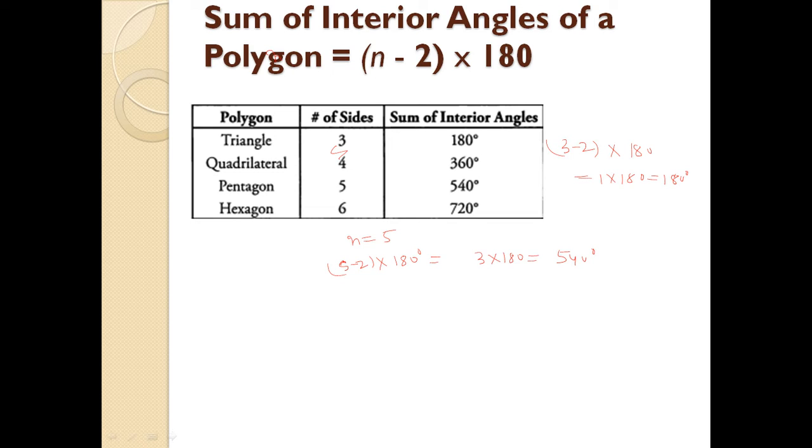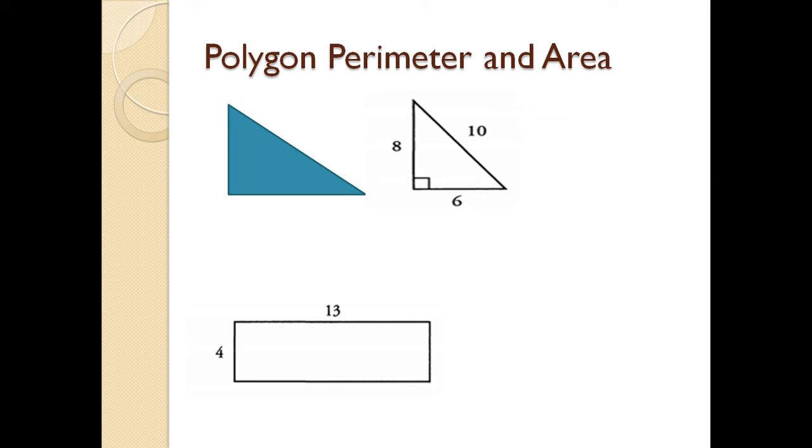So if we want to find the sum of all interior angles of a polygon, the formula will be (n minus 2) into 180 degrees. Okay, got it?